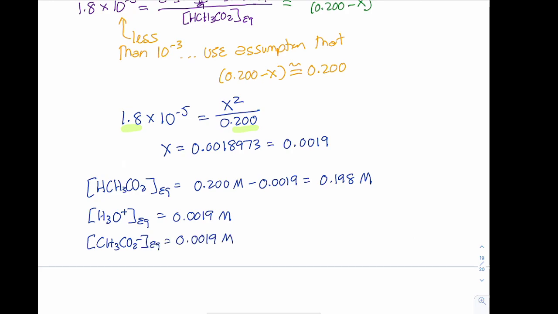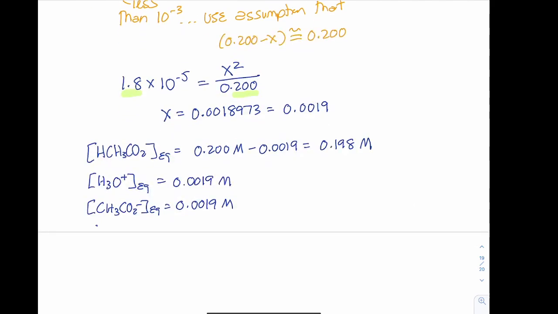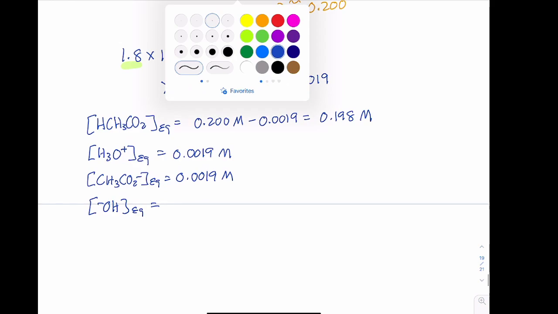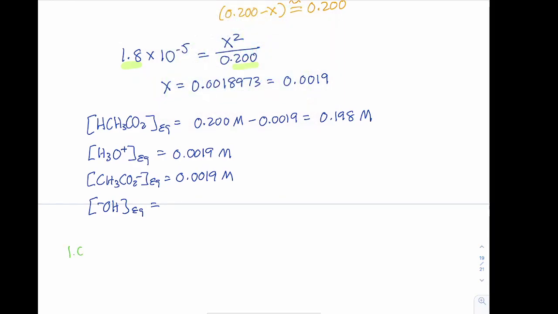And I'm actually going to add one to this. Let's calculate our hydroxide ion concentration also. And we're going to do that using Kw, right? Remember that 1.0 times 10 to the negative 14th is going to be equal to my hydronium ion concentration multiplied by my hydroxide ion concentration. So I'm just going to take this number and divide it into Kw.